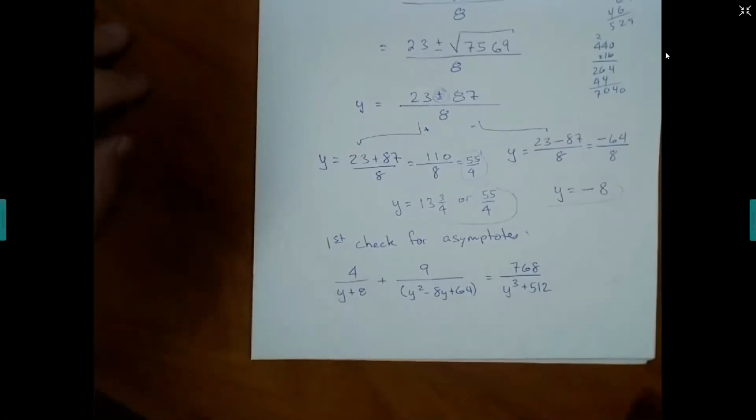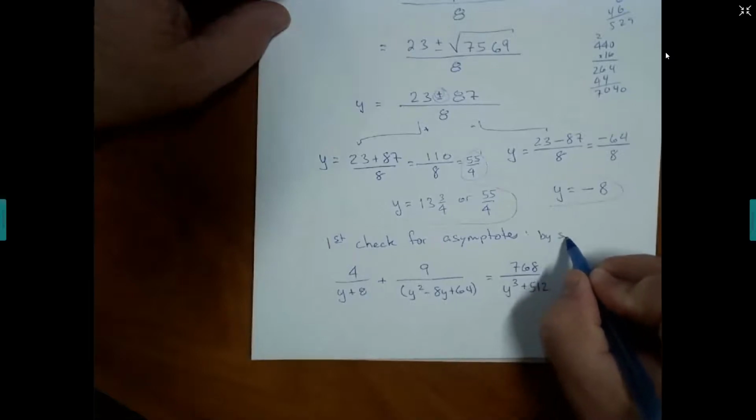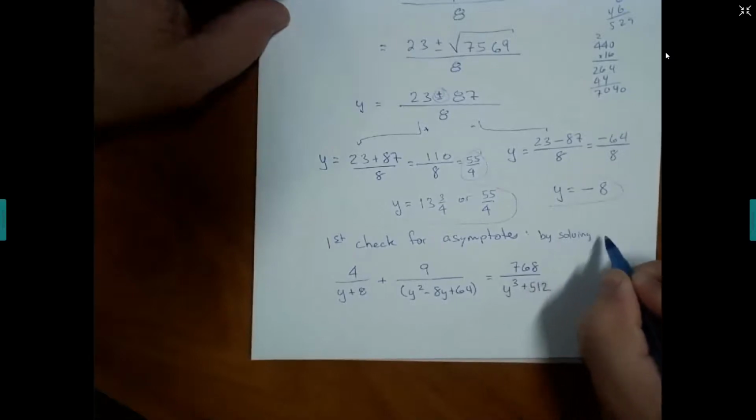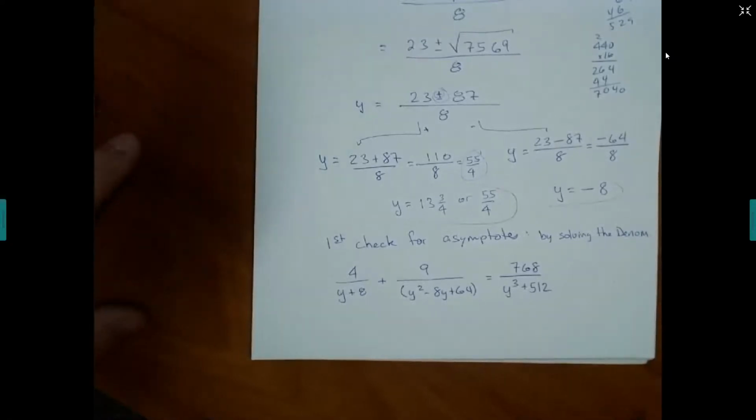How do we check for asymptotes? By solving the denominators.